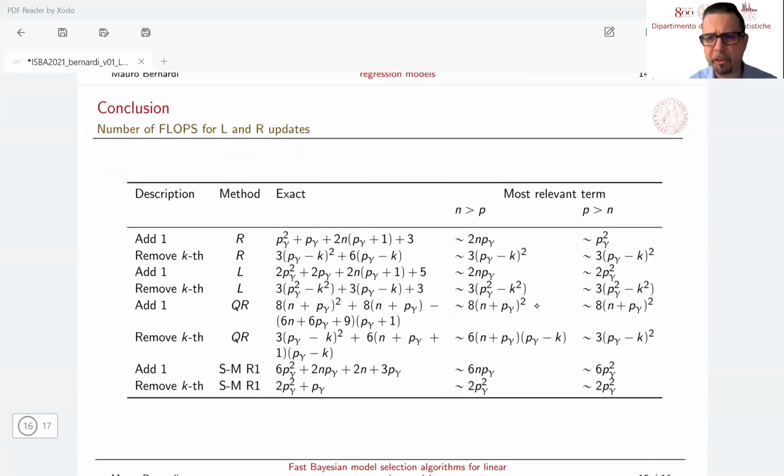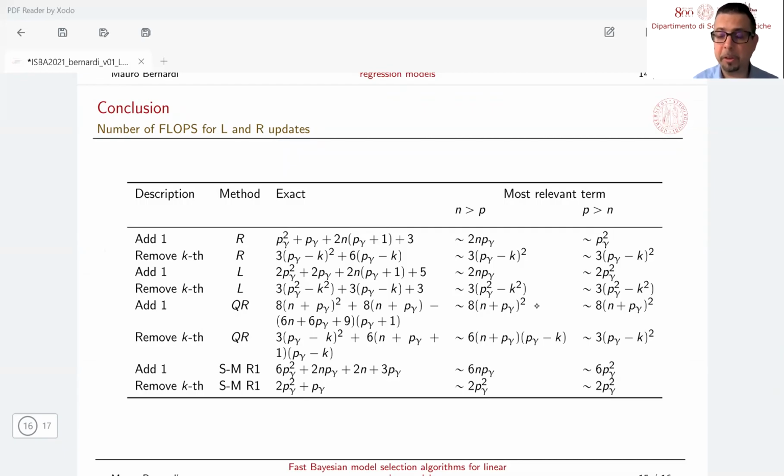So I conclude my presentation by showing you this table that summarizes the computational cost of performing addition or deletion of a column on the R matrix, on the QR factorization, and on the Sherman-Morrison rank 1 update.